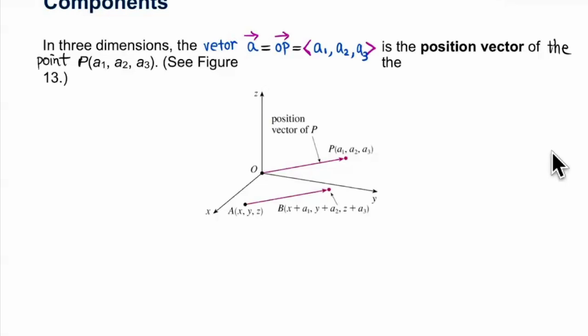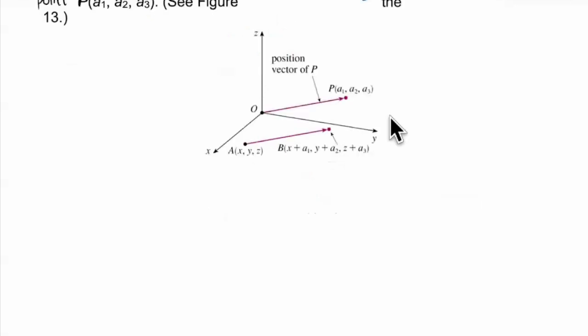It's like a pencil here: you move it, and then it's going to coincide with the other one, then they're equivalent. So they're the same vector.